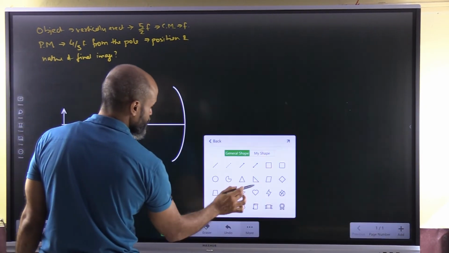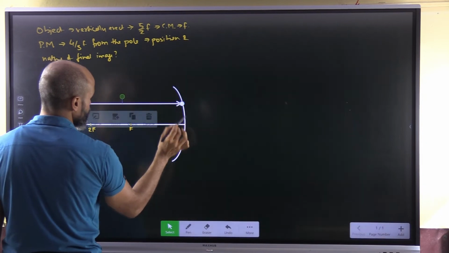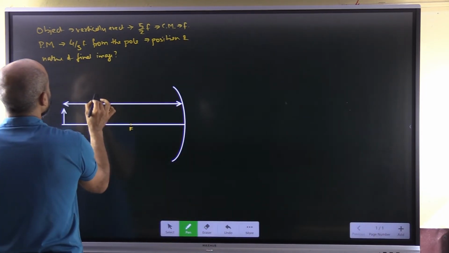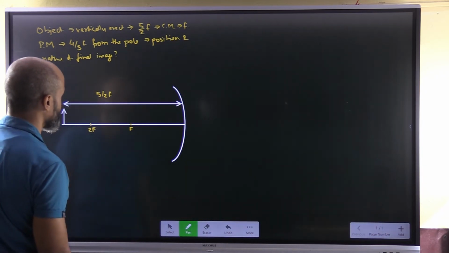Let's say this distance is 5 by 2f. This is where the object is placed.